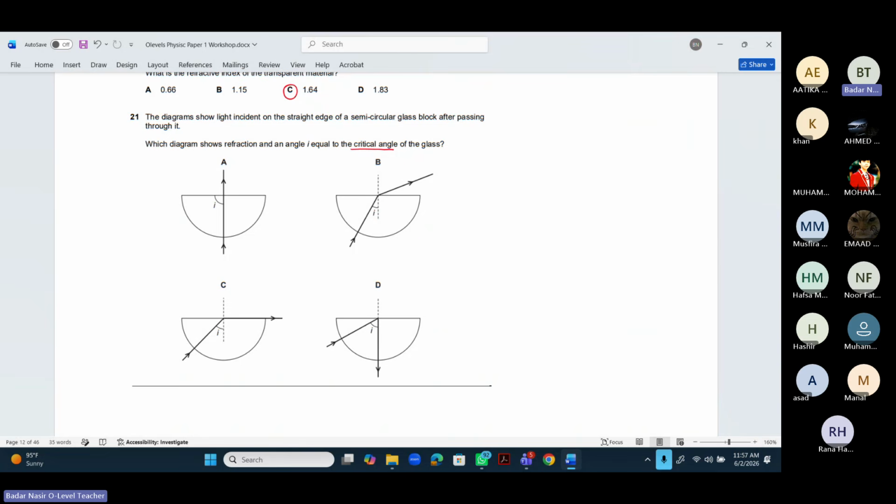When a ray of light travels from denser to less dense and angle of refraction is 90 degrees.